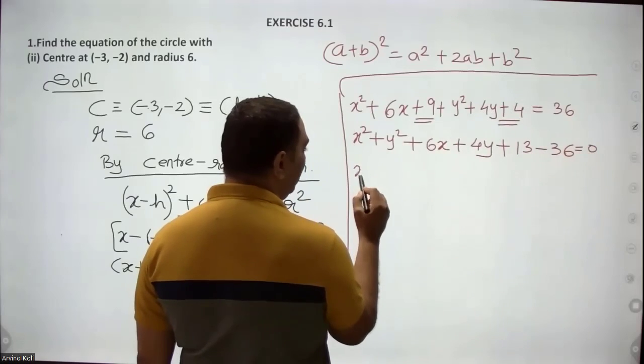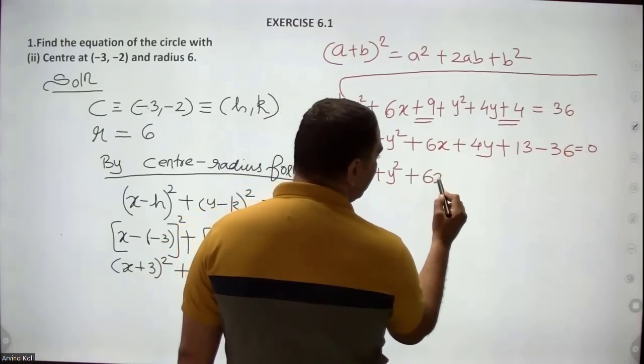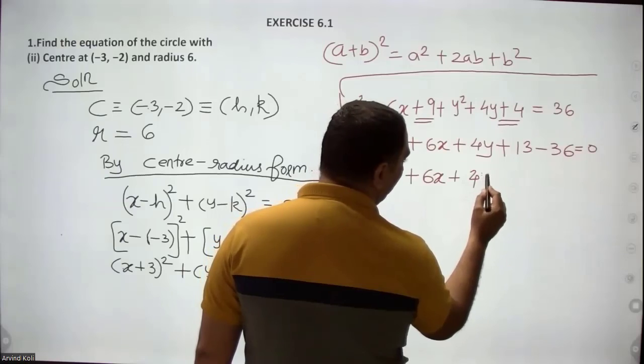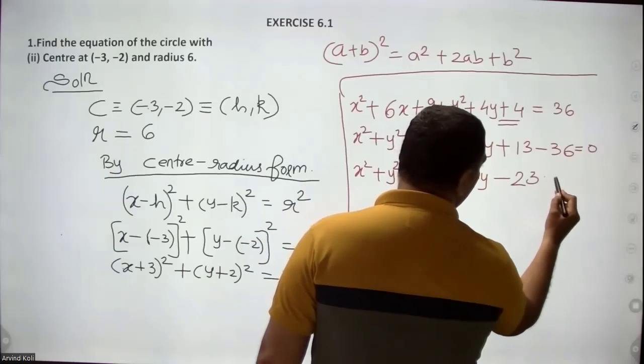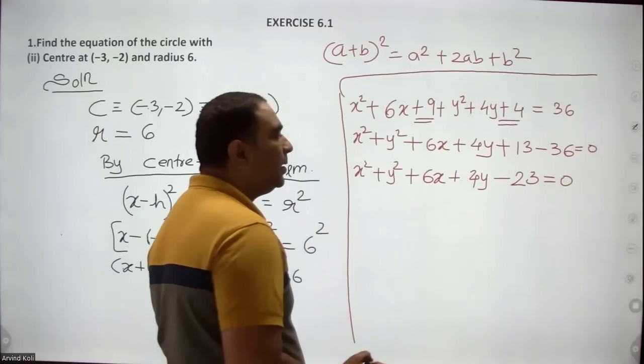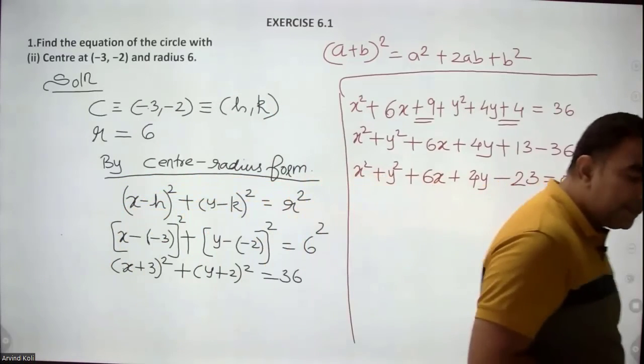So we get finally x square plus y square plus 6x plus 4y minus 23 is equal to 0. That's it with this sum.